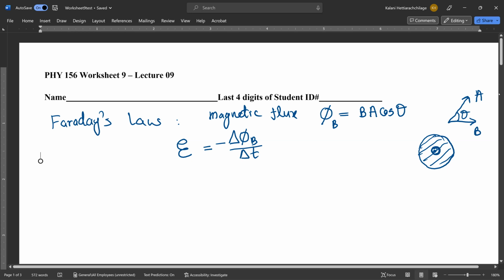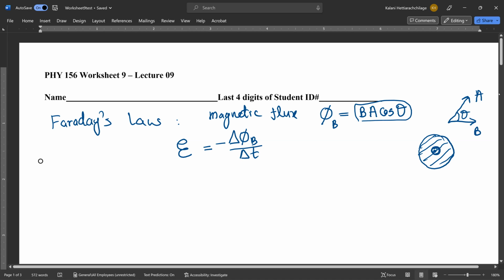Now you can see this EMF can be induced by a change in magnetic flux. That means one way is a change of the magnetic field, the cross-sectional area, and the angle between these. So you have three changing variables that you can change to induce EMF on the circuit, right?